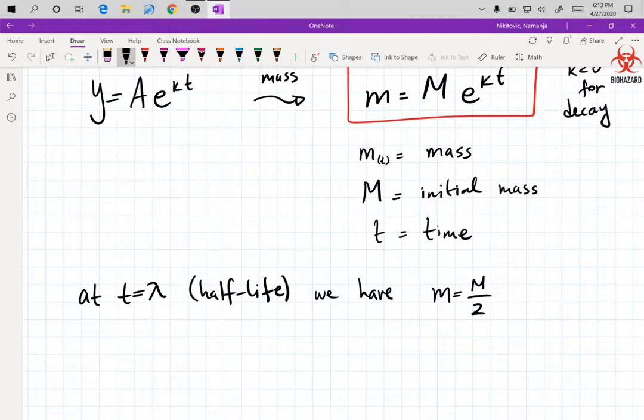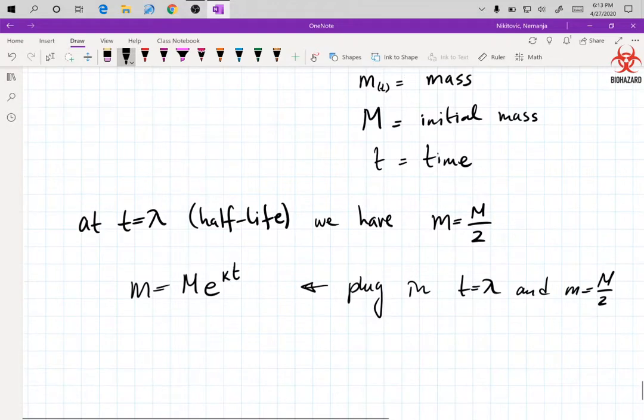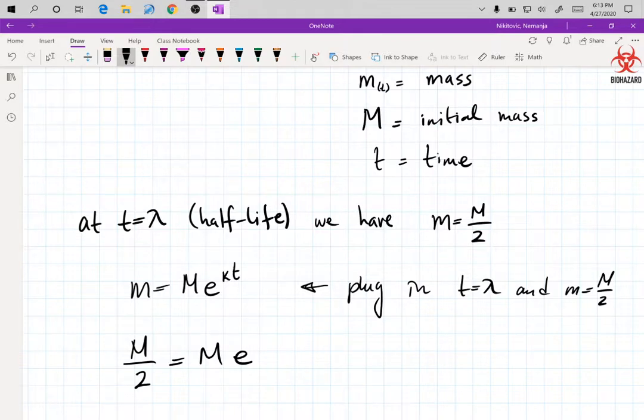So now plug in. We have m equals M e to the kt. Plug in t equals lambda, and m equals capital M over 2, because it's a half now. So we get M over 2 is equal to M e to the k lambda.